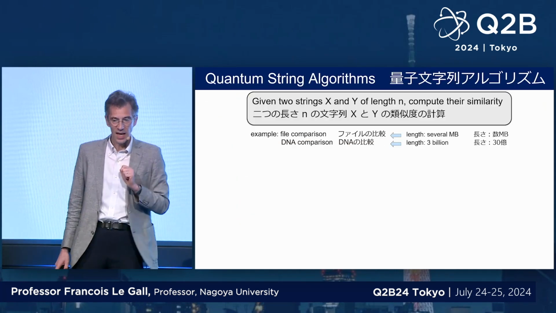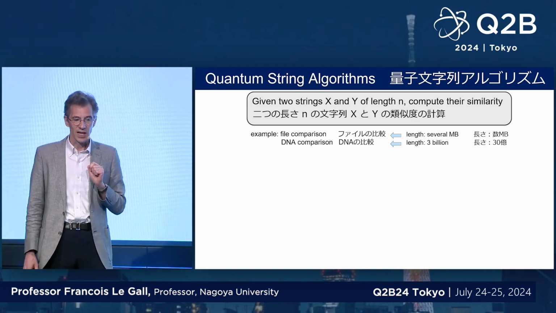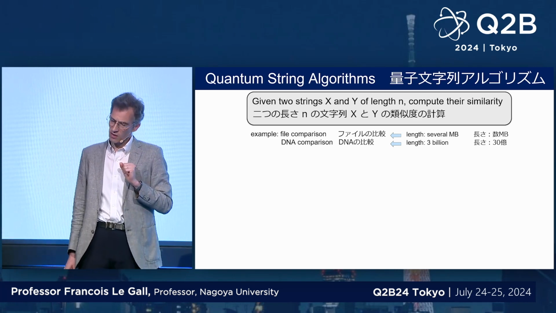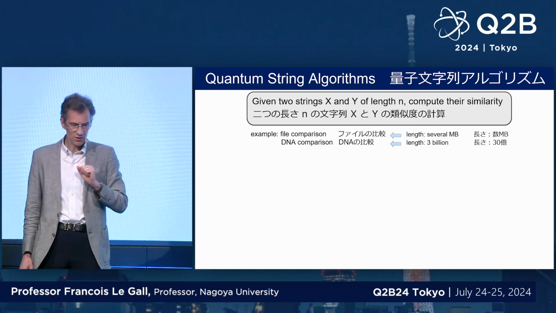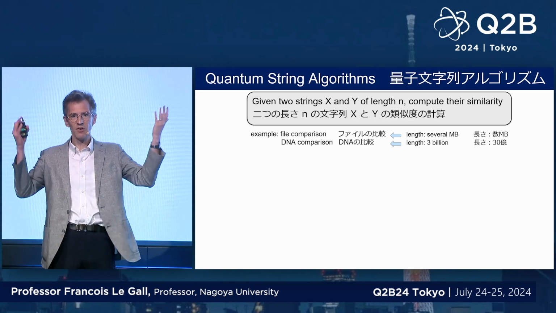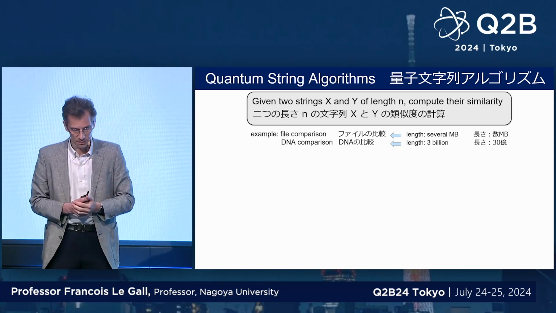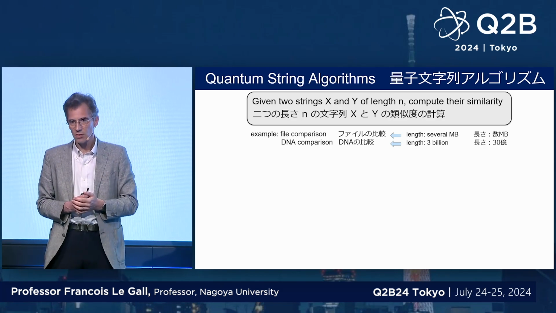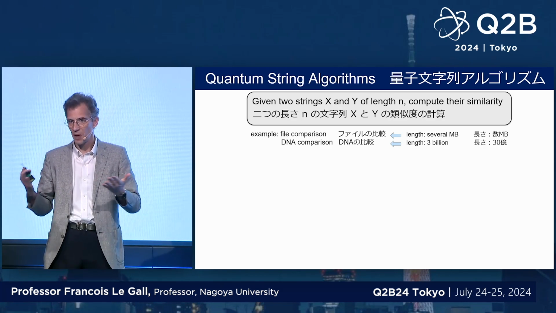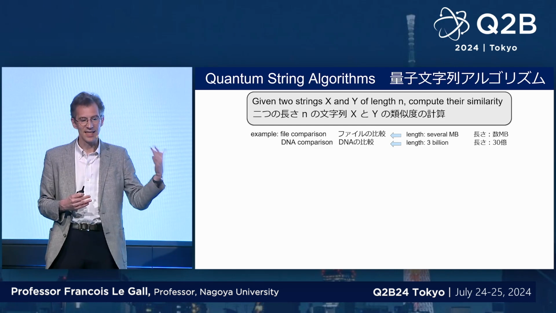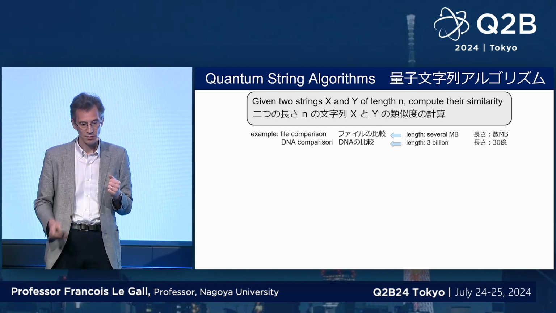And finally, I would like to discuss a little bit the quantum string algorithms. One of the basic problems in this field is: I give you two strings, and I want to compute their similarity. For example, the strings can be files, and you want to compare the two files, or they can be DNA, and you want to compare the DNA.